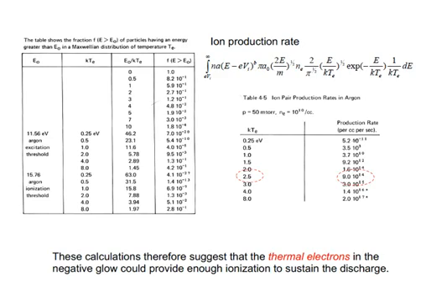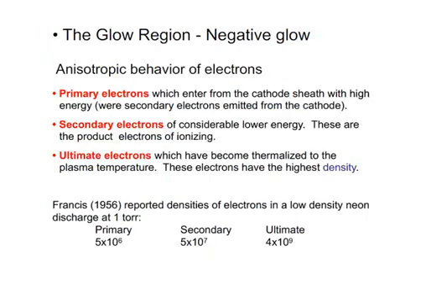And in negative glow, even though there are very high energy fast electrons, their concentration is too low, so they cannot contribute 100% of the ionization.